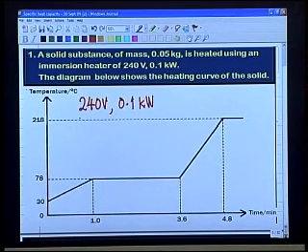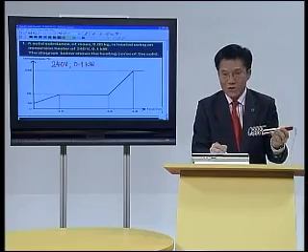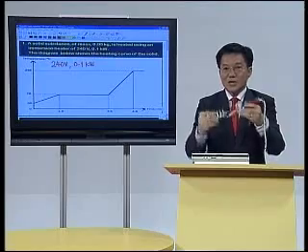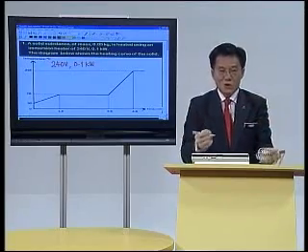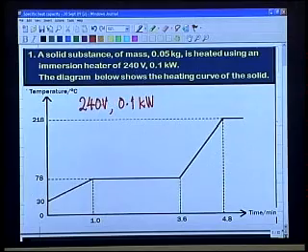Now, 240 volts simply tells us that we need a potential difference of 240 volts to drive this gadget, this device, so that it will give a power of 0.1 kilowatt. So in the calculation of this problem, we are not concerned about the 240 volts.